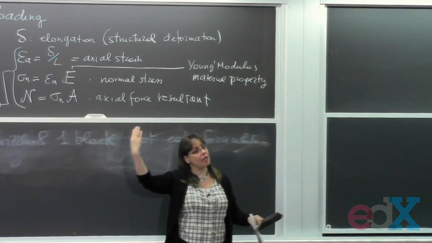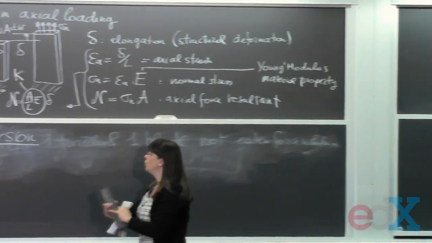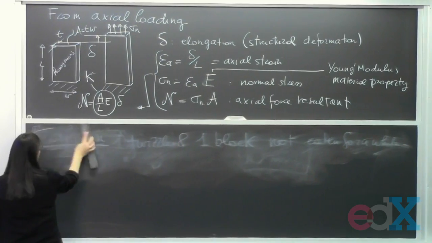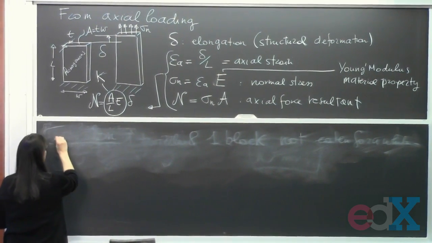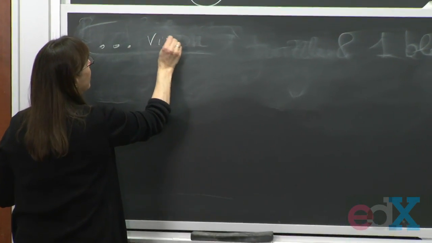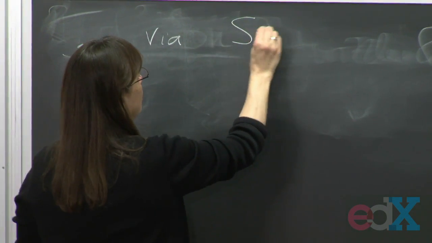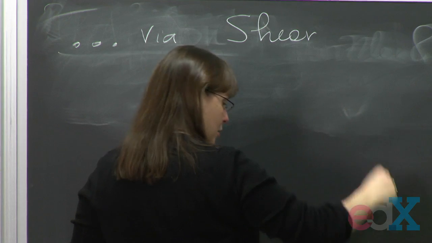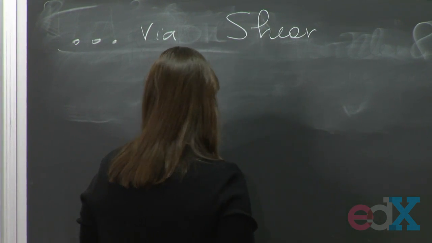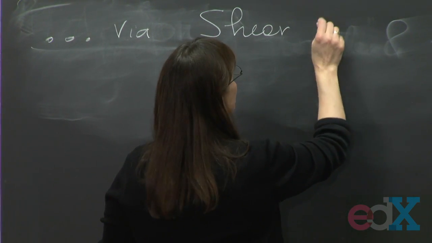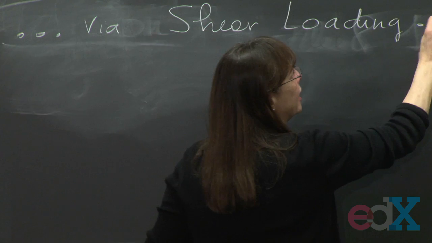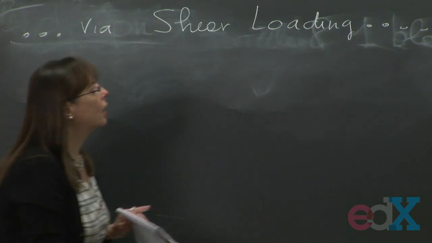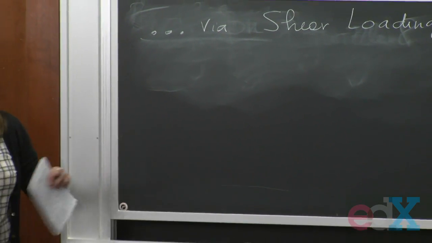So we're getting from axial loading, passing by shear, we're going to get to torsion. So from axial loading, we're going to get via shear loading. So this is like an intermediate step. So what do I mean by shear loading?